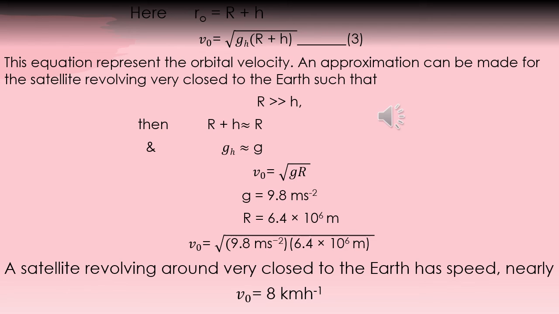By putting the values in the above equation, we get vo is equal to square root of 9.8 meter per second square into 6.4 into 10 power 6 meters, or vo is equal to 8 kilometers per second. A satellite revolving very close to the Earth has speed nearly equal to 8 kilometers per second.